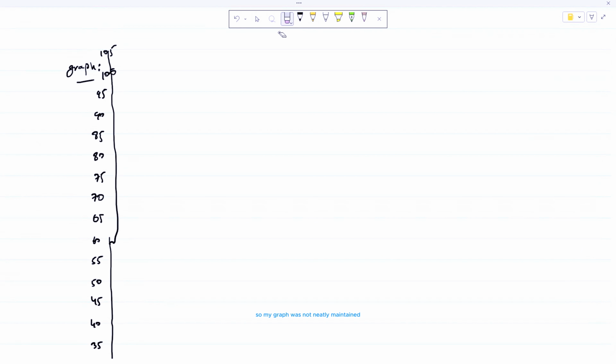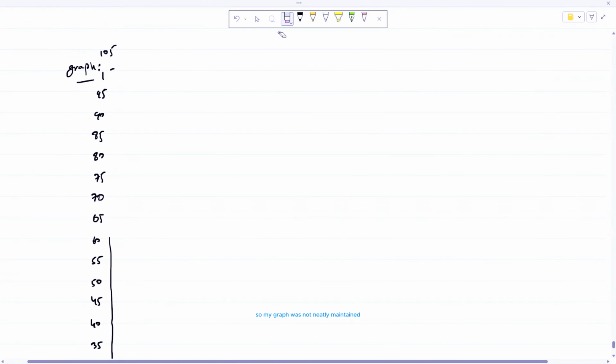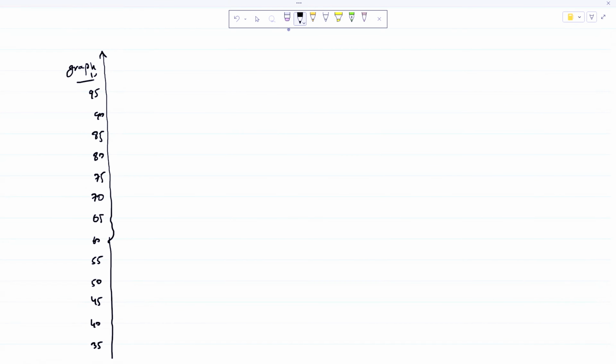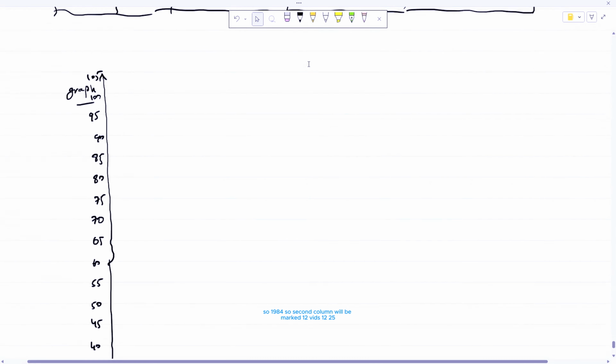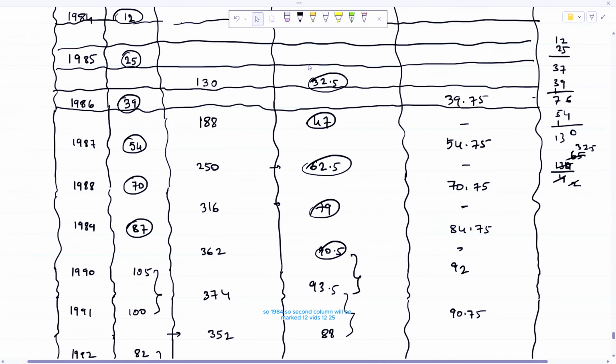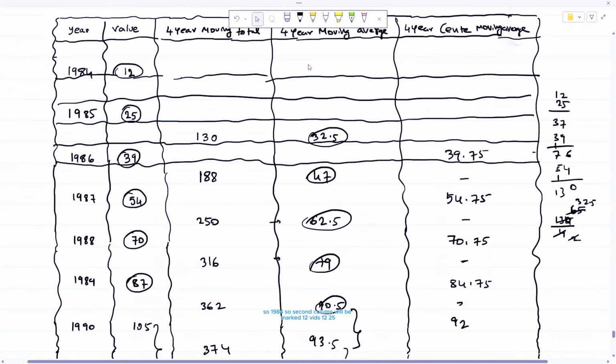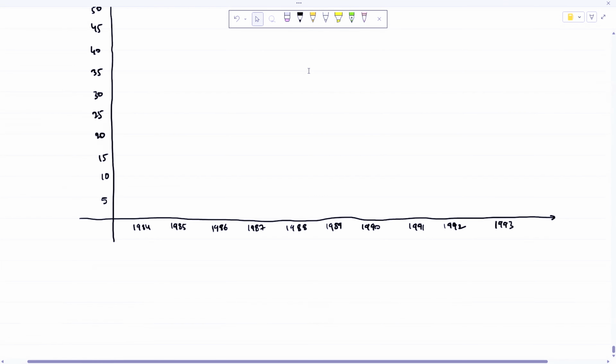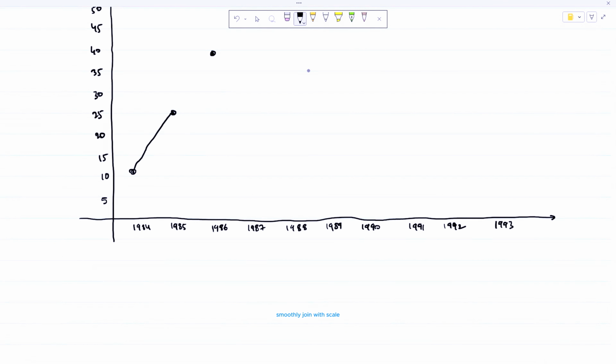So my graph was not neatly maintained. 90, 95, 100, and 105. Okay. So 1984. So second column will be marked, 12 it is. 12, 25, 39. Smoothly join with scale.